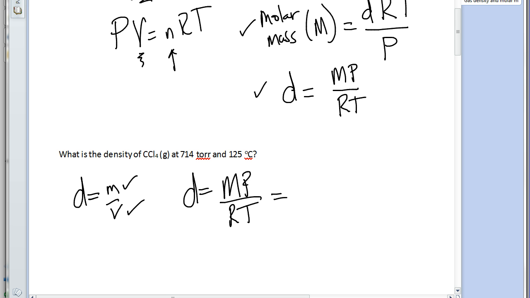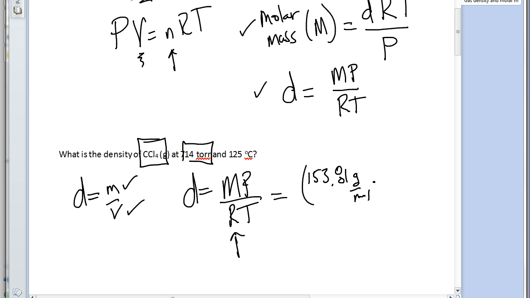So I'm just going to quickly calculate the molar mass of CCl4, 1 carbon plus 4 chlorines, and if I do that right, I believe that comes out to about 153.81 grams per mole. I'm going to multiply that by the pressure. Now I do have pressure given right here in torr, and I need it in atmospheres because I do have R here to deal with.